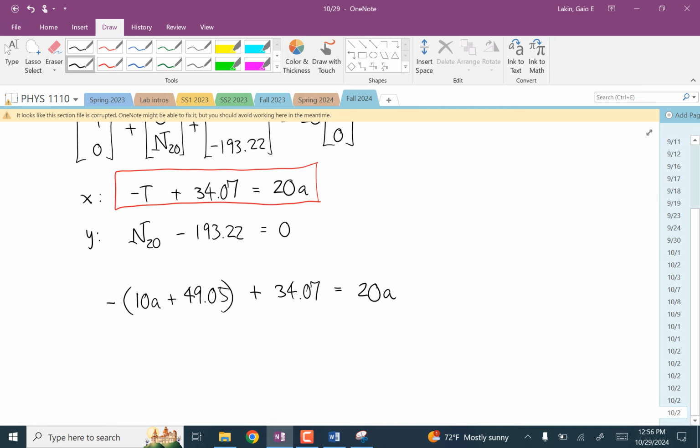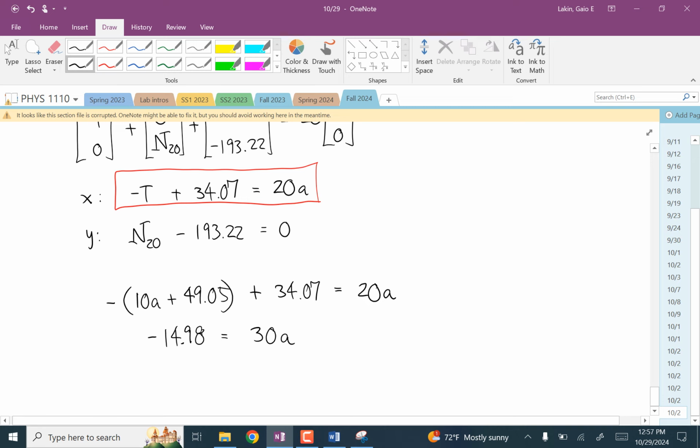And so we get negative 14.98 is equal to 30a.